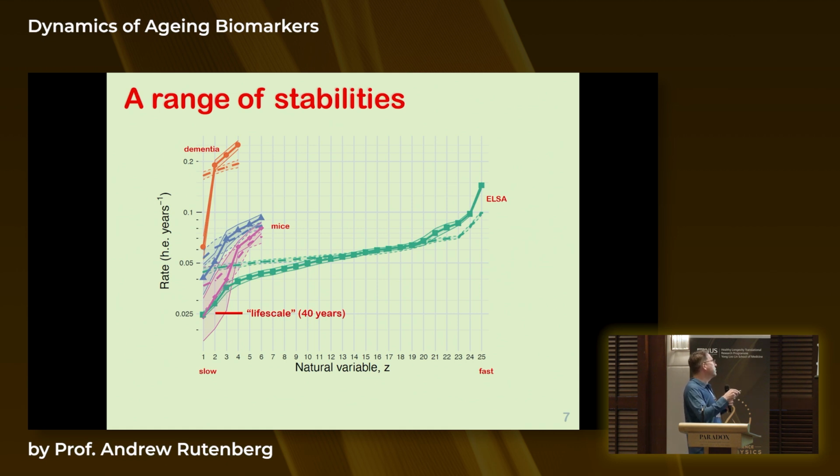The initial study was with ELSA data. We also looked at some mouse studies and some dementia. The longest time scale was a lifespan. So our slow time scales get at the idea of, what's the slow time scale. You certainly have slow time scales on the order of the life span of the mice or the humans, which we capture, but there's a big range of time scales that you capture in the data.